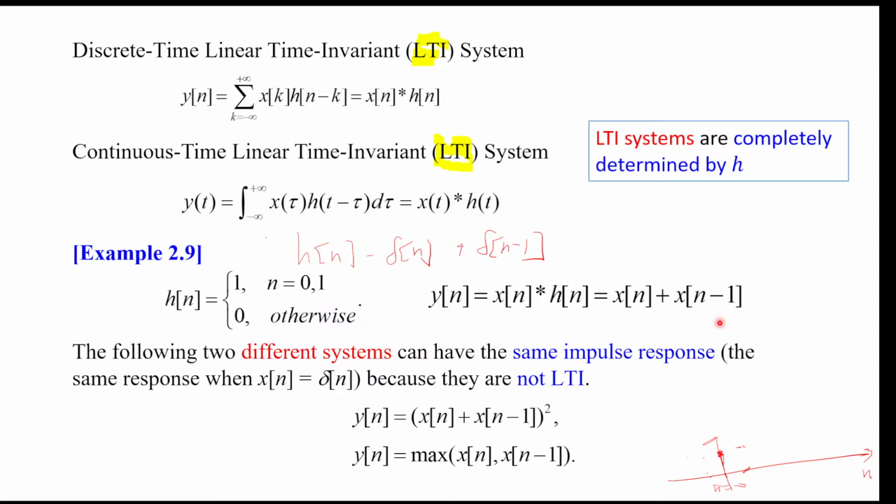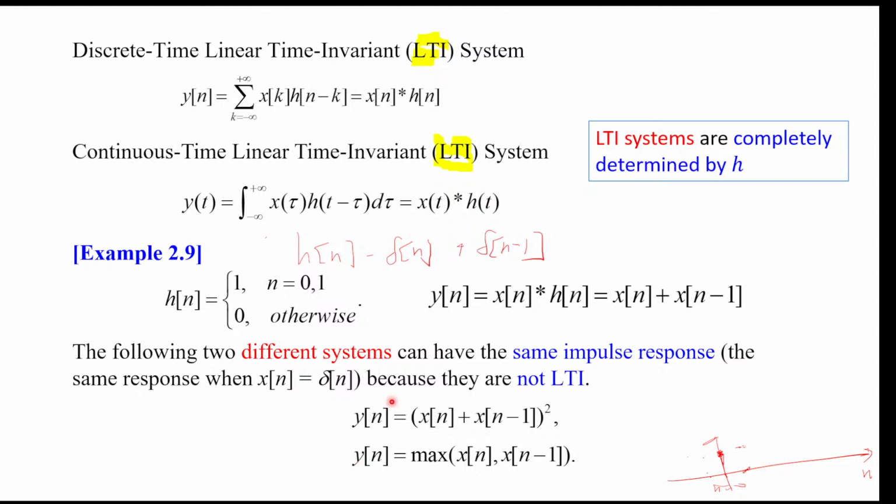But you can also have different systems that have the same impulse response but differ from x of n plus x of n minus 1, because you can have a system that's not LTI. So this is just an example saying that when you want to determine your system by h, you need to make sure that your system is LTI, otherwise your system can have a different behavior.